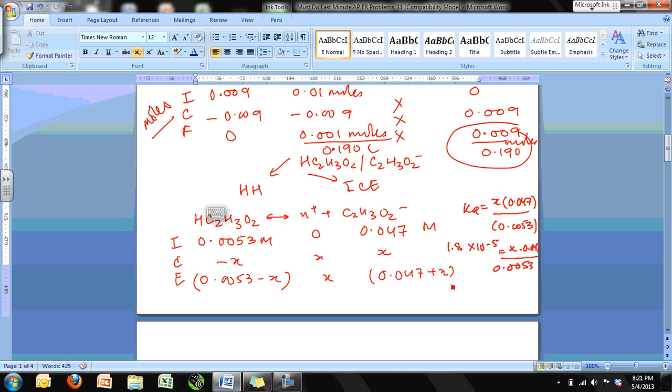That gives you a value of x as 2.03 times 10 power negative 6 molarity. And when you take negative log of x, which will be the pH, because x is for H plus ion concentration, pH comes out to be 5.69 or 5.70, and that is the answer.